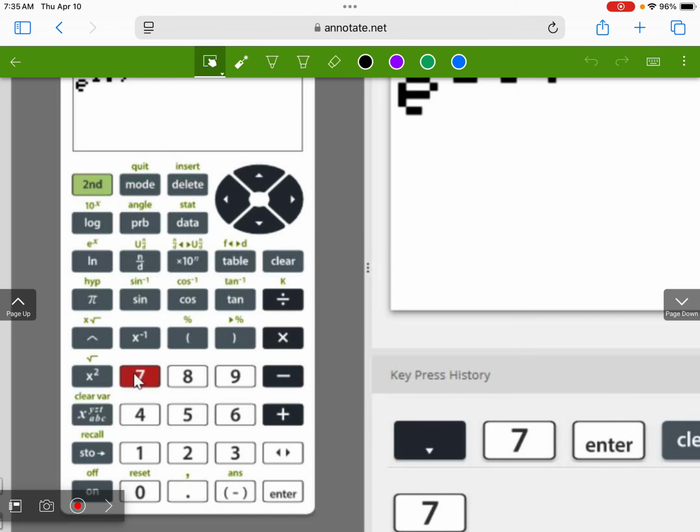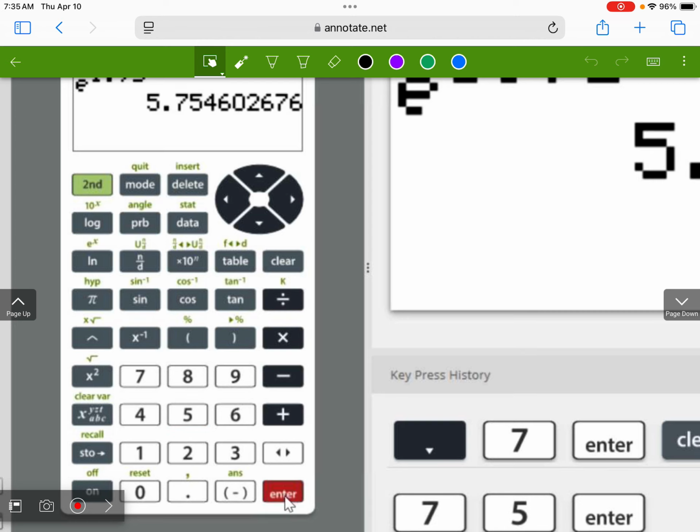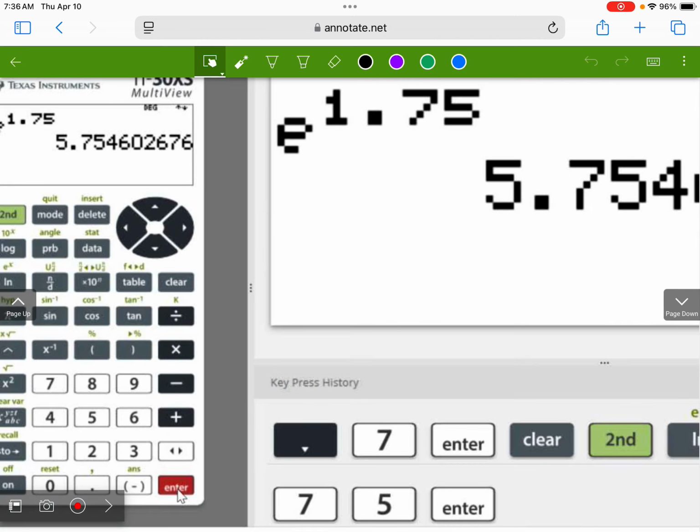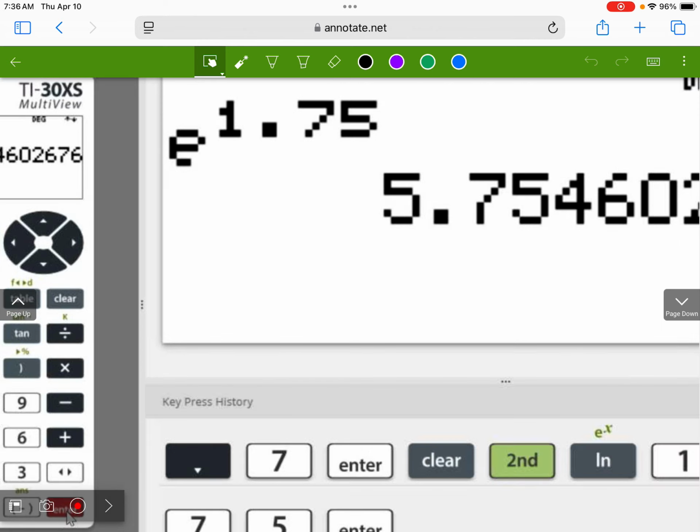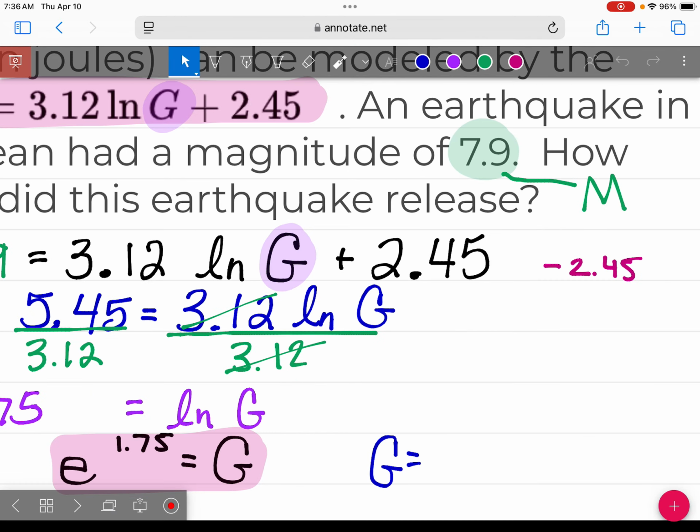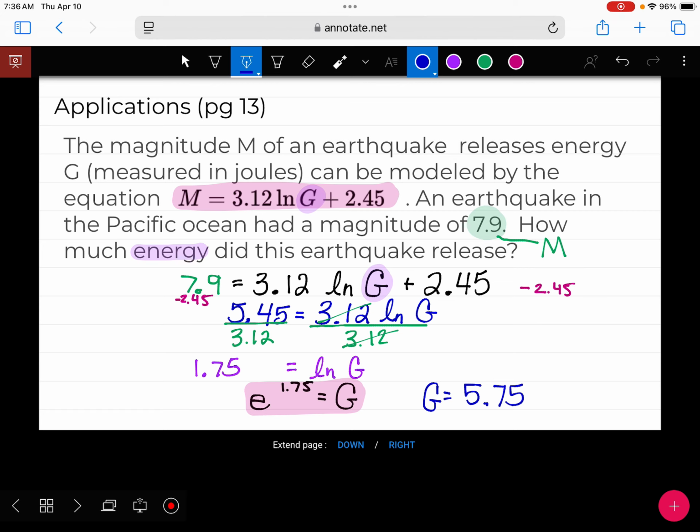We put in the exponent 1.75, and we get 5.7546026676 and so on. So G is approximately 5.75. And they did give us a unit here.